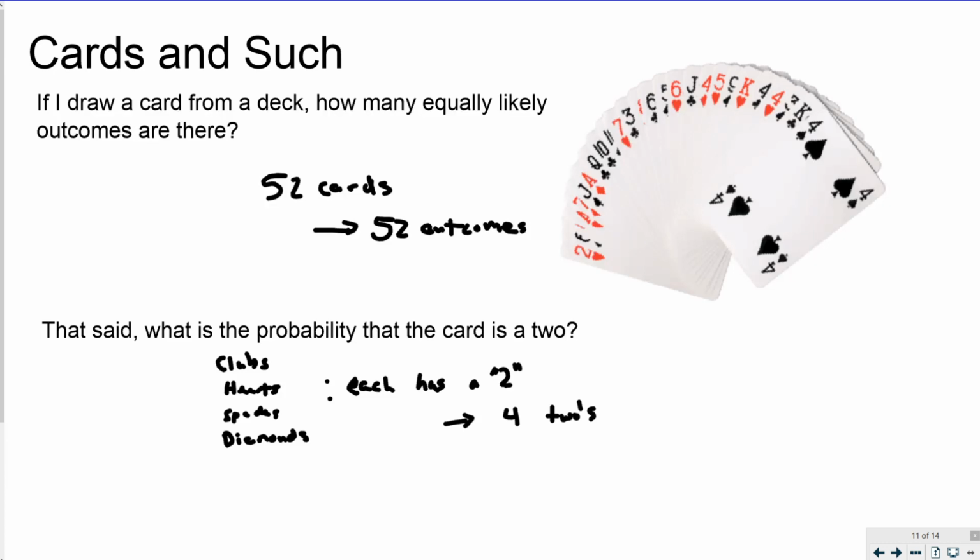So I could draw any one of these 4 2s, and that would satisfy the requirement that the card is a 2. So there are 4 2s out of 52 chances. So the probability here is 4 out of 52, which reduces to 1/13. So the probability is 1/13 that I draw a 2 out of a deck of cards.